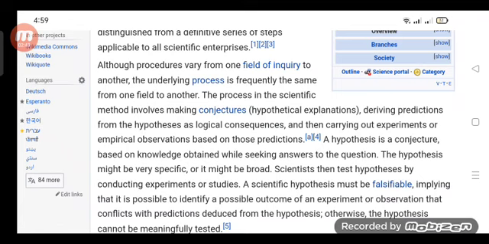Scientists then test hypotheses by conducting experiments or studies. A scientific hypothesis must be falsifiable, implying that it is possible to identify a possible outcome of an experiment or observation that conflicts with predictions deduced from the hypothesis.